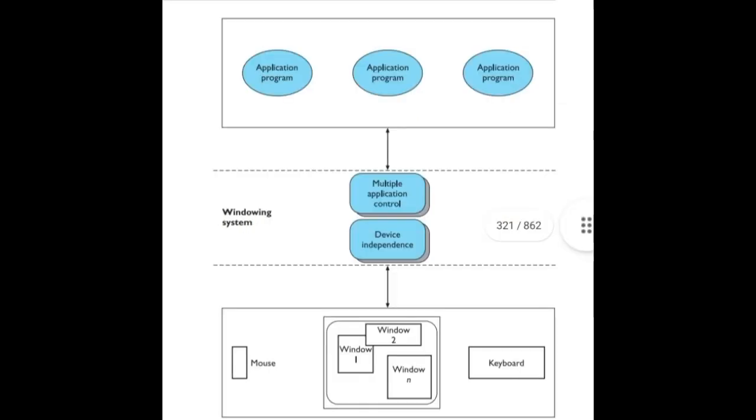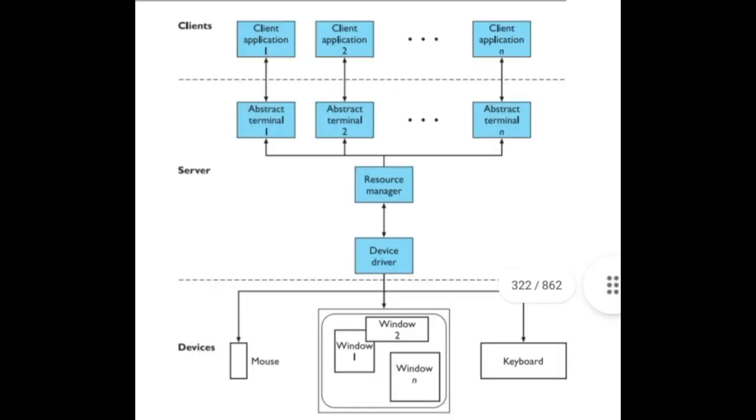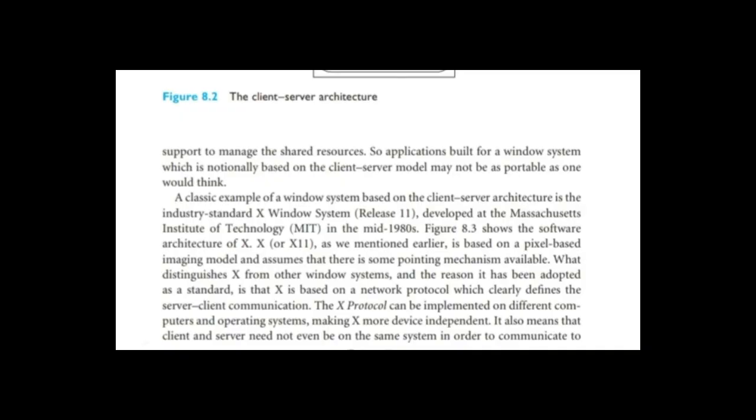These are examples of application programs. The client-server architecture supports managing the shared resources, so applications built for a windowing system which is internally based on the client-server model may not be as portable as one would think.